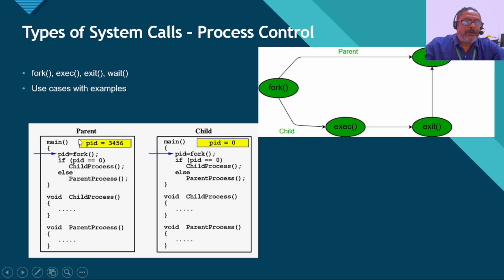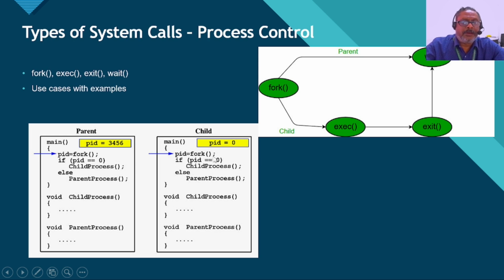So actually what happened is we started with a parent process, and this process will first call the fork statement. When it calls the fork statement, a child process is created, an exact duplicate.